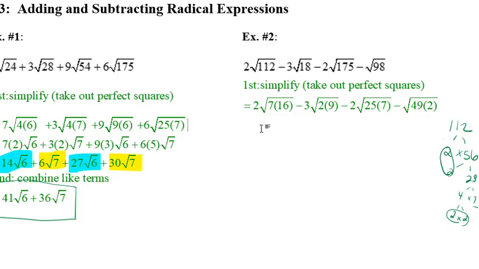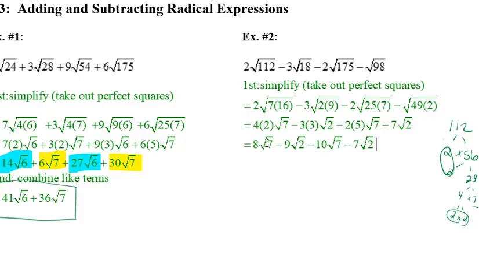So square root of 16 gives us 4, square root of 9 gives us 3 on the outside, square root of 25 gives us 5, and the square root of 49 gives us 7. Once we've taken them to the outside, we can combine them. So 4 times 2 gives us 8, 3 times 3 gives us 9, 2 times 5 gives us 10, and the 7's all by itself, so it just stays 7.